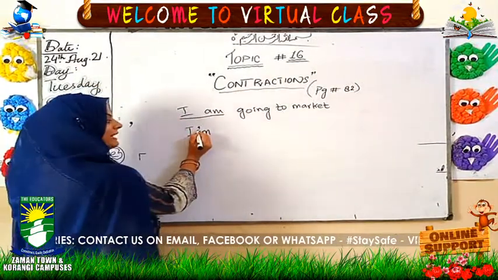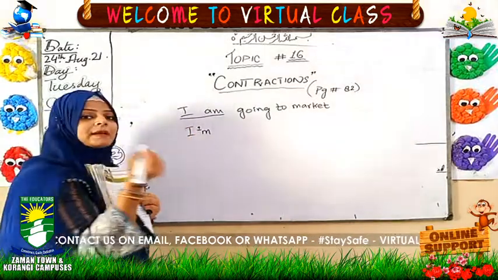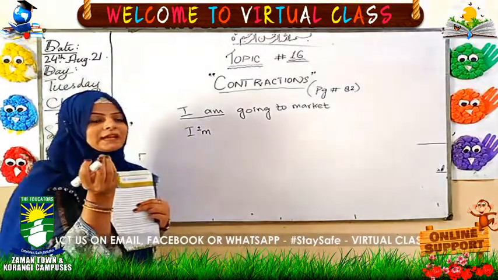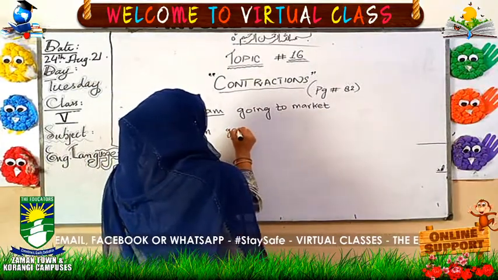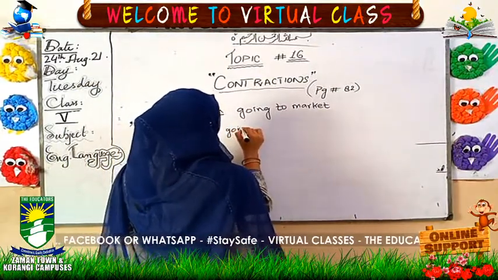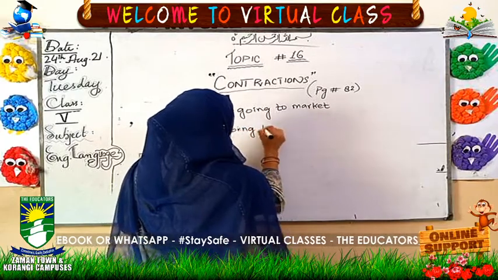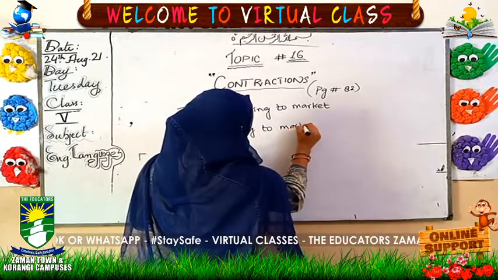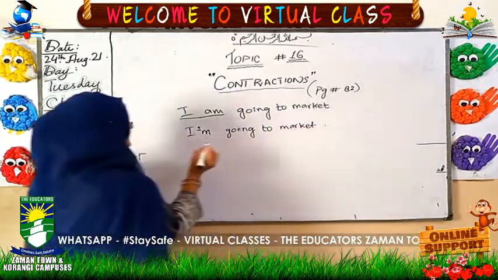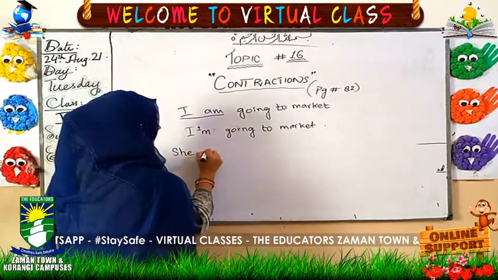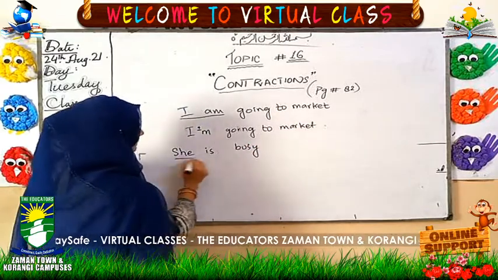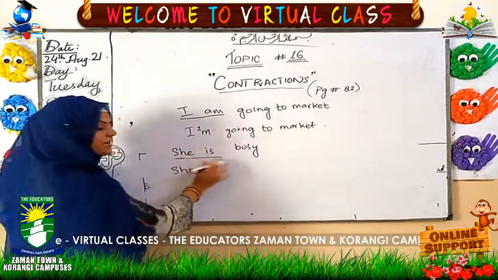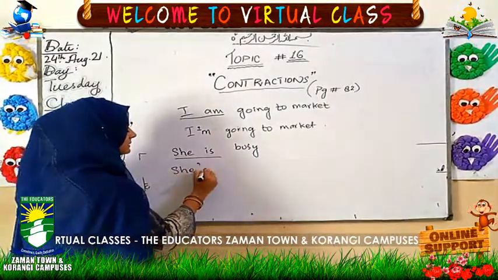Do not forget to put the apostrophe mark at the correct place. Okay, I'm going to market. She is busy. What will it become? The contraction of she is will become she's. She's busy.